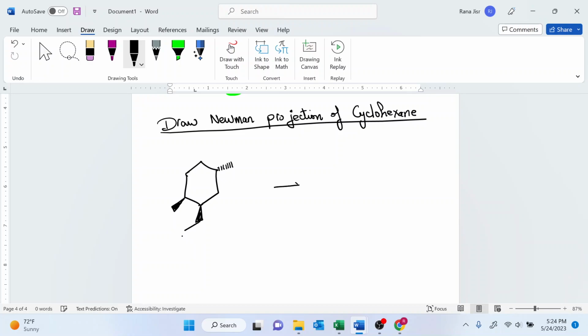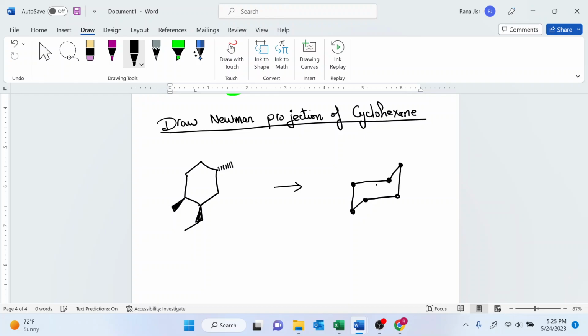So the first step I would do is change this into its most stable chair conformation. If you haven't watched the video on how to change the cyclohexane into its most stable chair conformation, please do that before proceeding with this explanation. So over here, I'm going to end up having my 6 carbons.